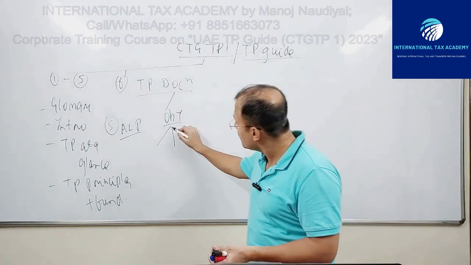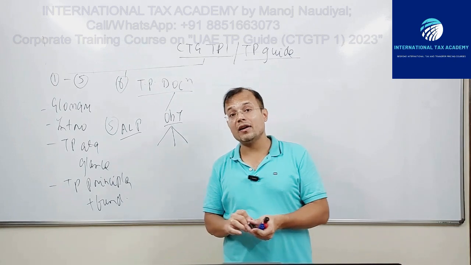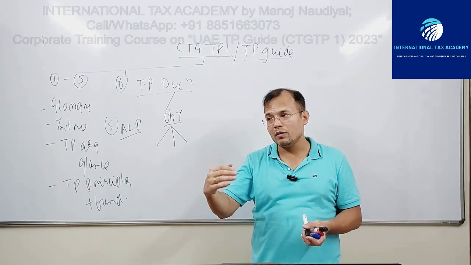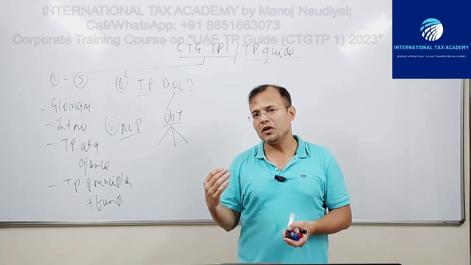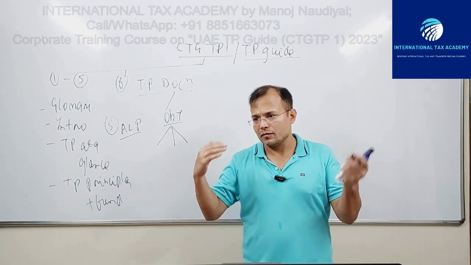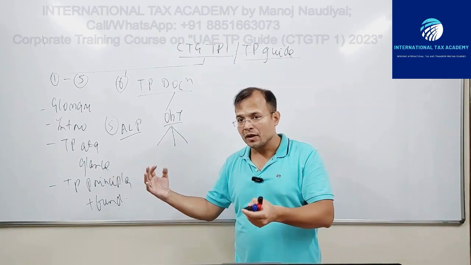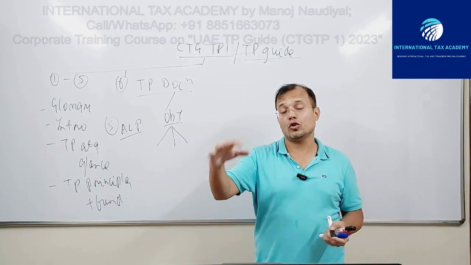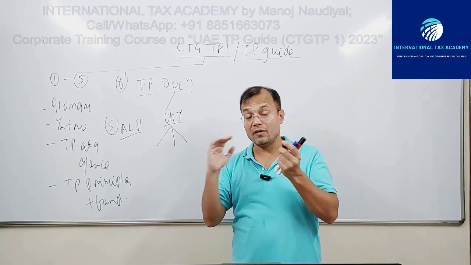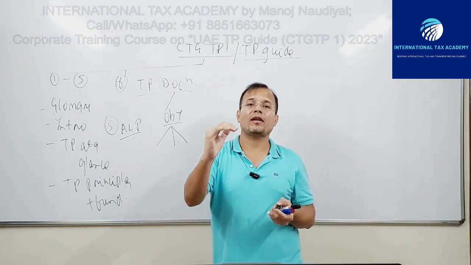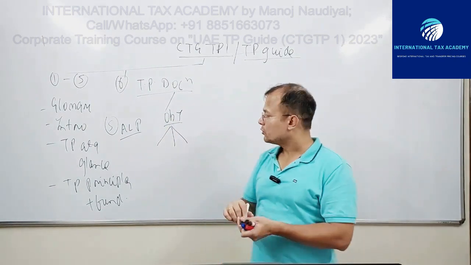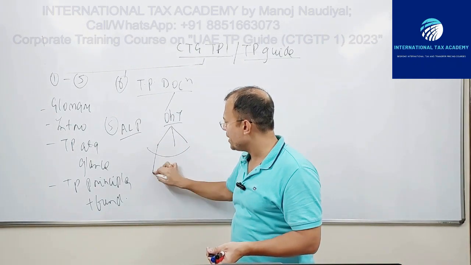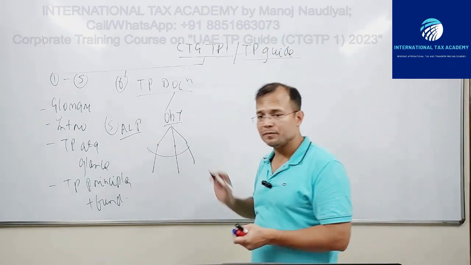And the third objective is that wherever the TP risk assessment leads to a full-fledged TP audit, the TP documentation will also provide focused, relevant, detailed information for carrying out a detailed and thorough TP audit. So these are the 3 objectives: culture of compliance, TP risk assessment, and TP audit.